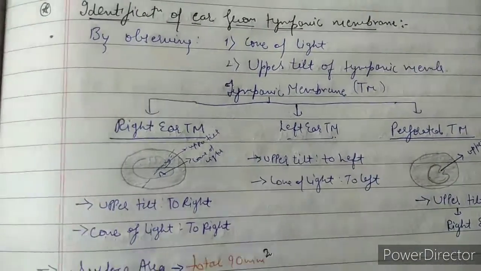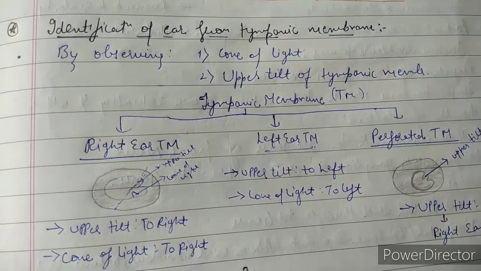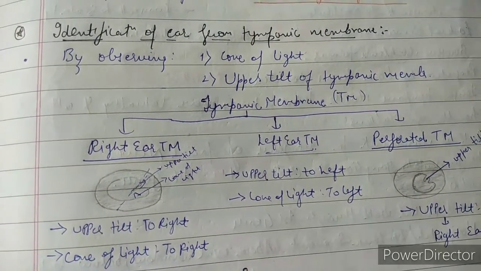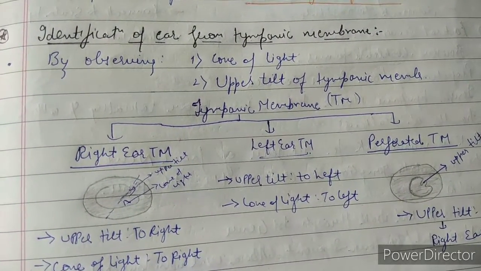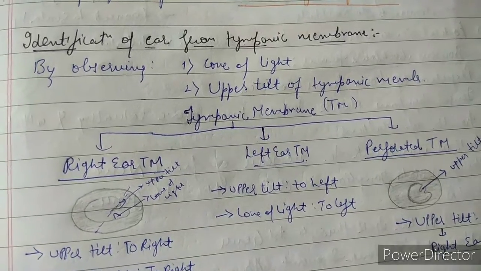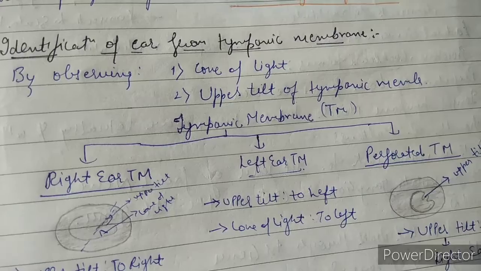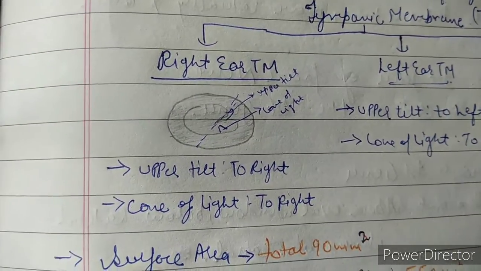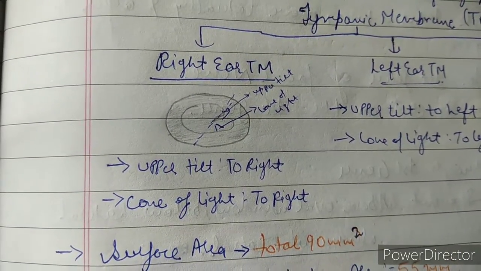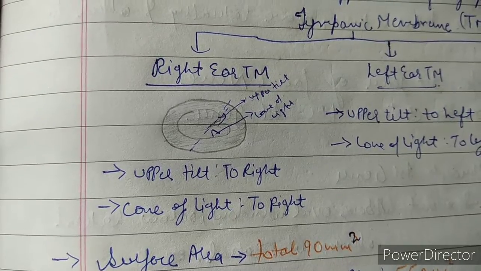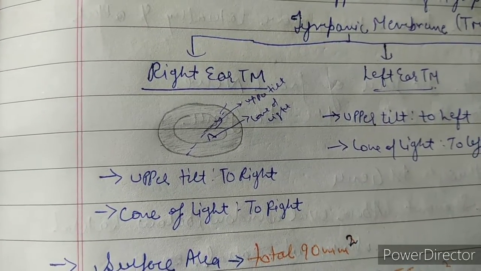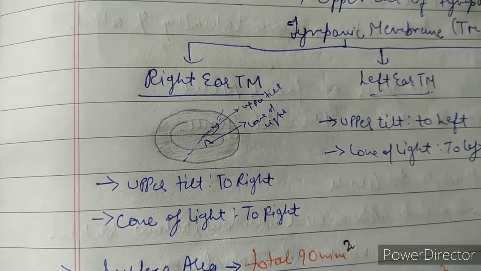Now we will be discussing the identification of the ear from the tympanic membrane. By observing the cone of light and the upper tilt of the tympanic membrane, we can identify whether it is the tympanic membrane of the right ear or left ear. As we are seeing in this figure, the upper tilt is towards the right side and the cone of light is also towards the right side. So this is the tympanic membrane of the right ear.